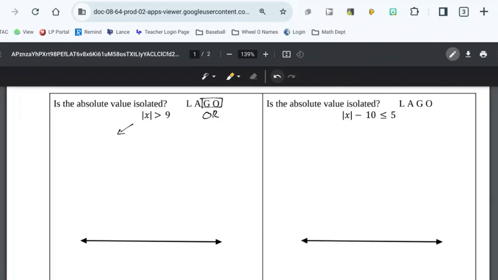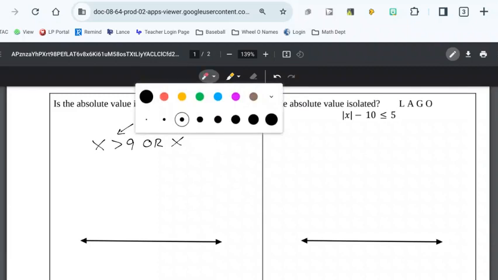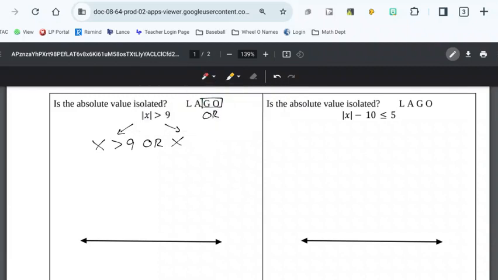Once we are ready with that information, we can go ahead and split. We drop the absolute value bars. We get x is greater than 9, or we get x, remember, flip sign, is going to be less than, and then we make the 9 negative. X is by itself, so we are done and ready to graph.